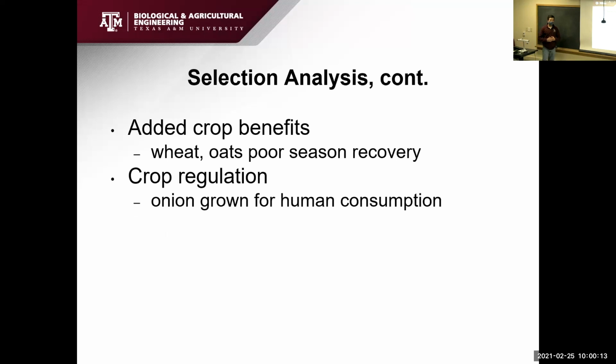And so to continue off the point that I made about the decision matrix and its inability to cover all the different things that affect this project, there are added crop benefits to some of these crops. So for example, the wheat and the oats. The winter wheat was one of those high ranking crops.